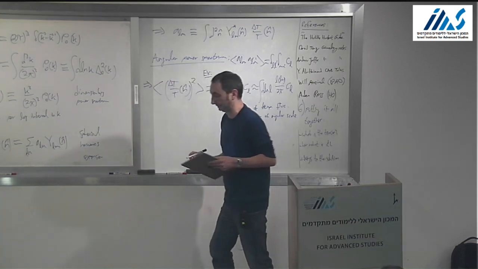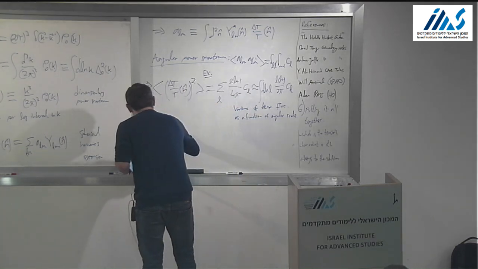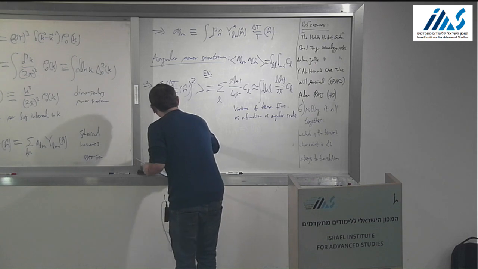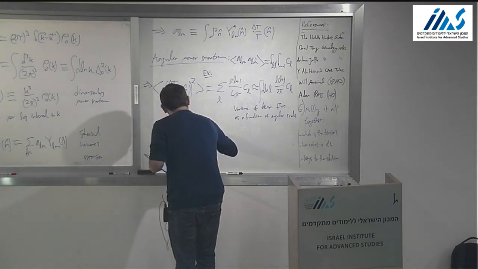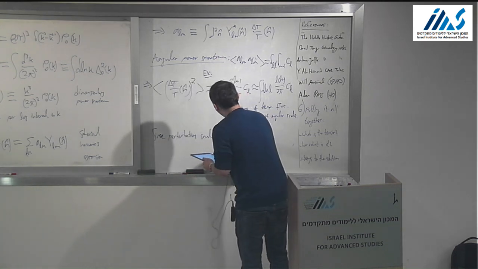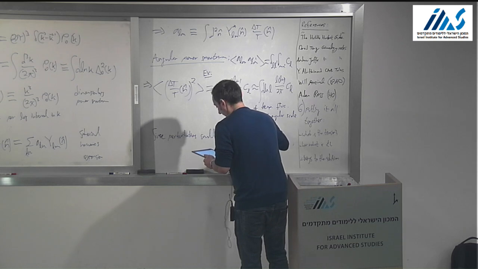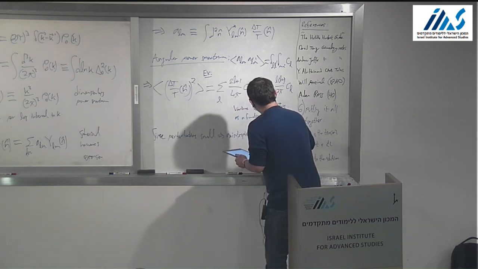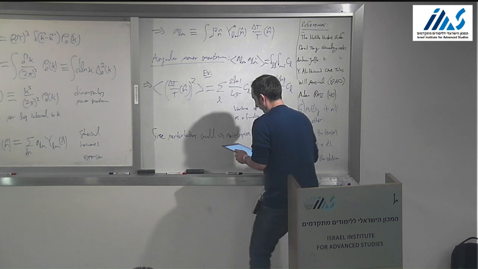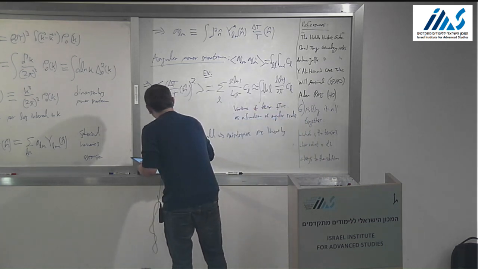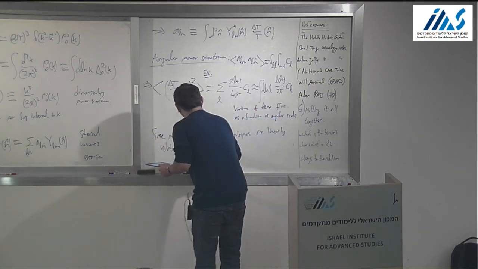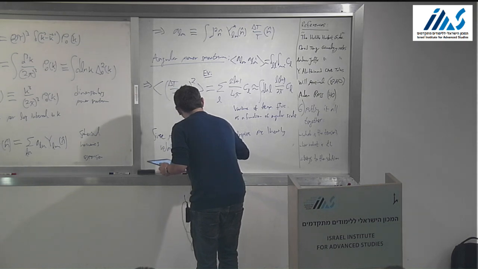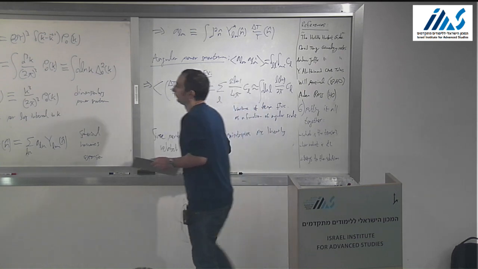Questions? All right. Now, since perturbations are small, the anisotropies are linearly related, I already wrote that, to the initial conditions. So I'm going to use that here.